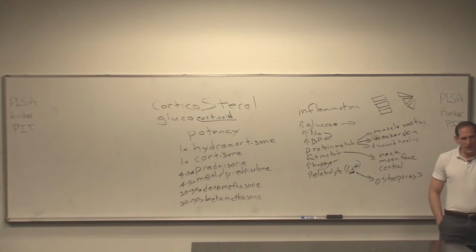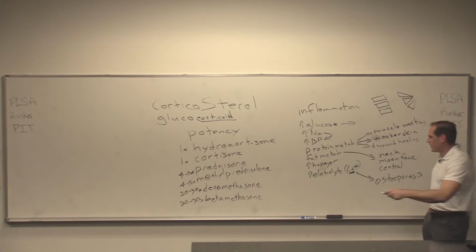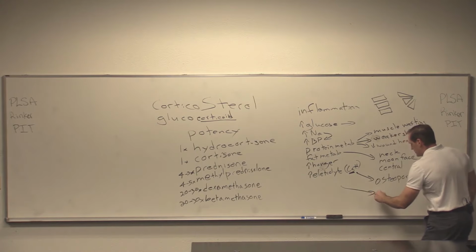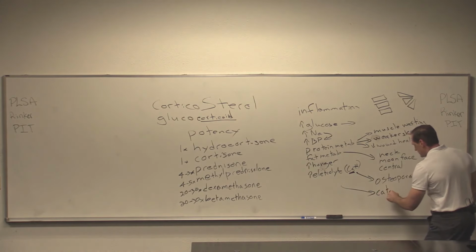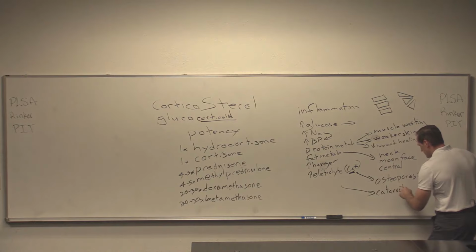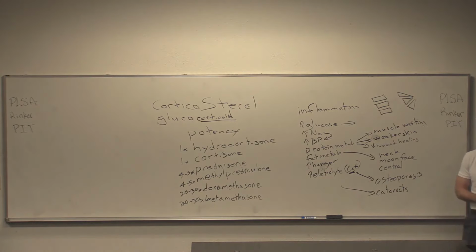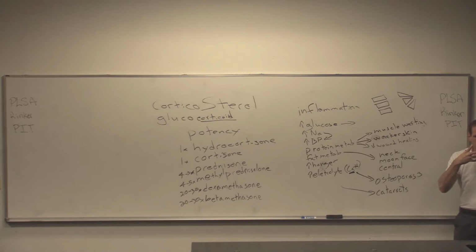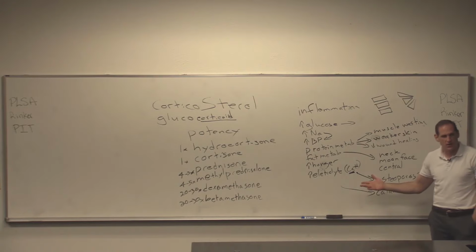All right, but wait, there's more. We also have to add in one more down here, which comes out of nowhere, which is cataracts. So cataracts are not related to protein metabolism. They're just an opacity of the lens. And it just comes out of nowhere.